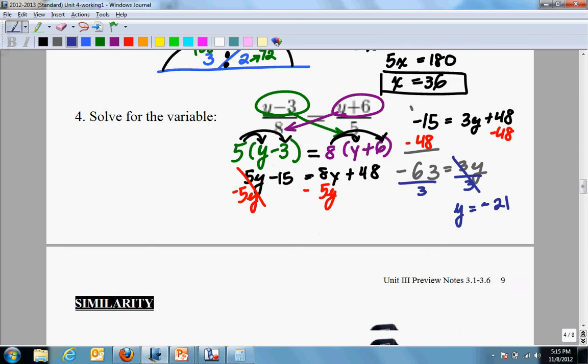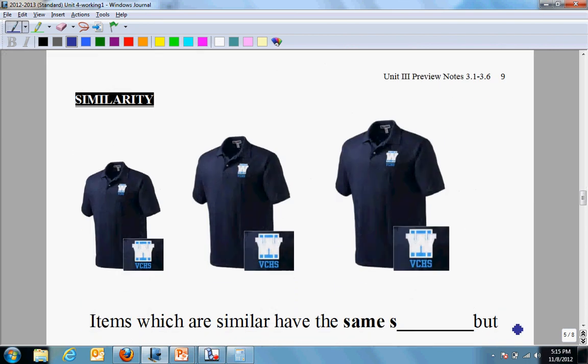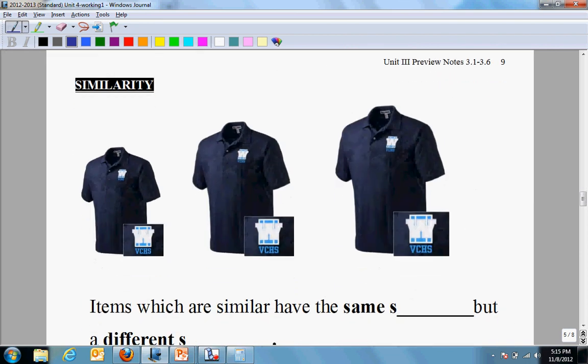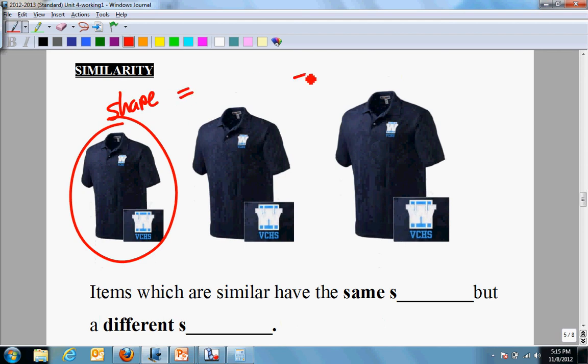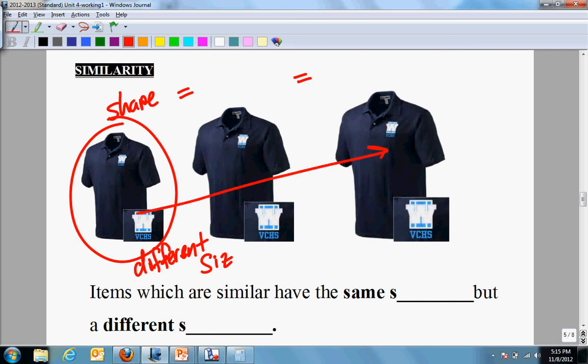Now that we know how to use proportions, the rest of the lesson is going to revolve around proportions. The concept of similarity is this. When items have the same shape, so the shape here is equal, but a different size. The size changes here, but the shape does not.